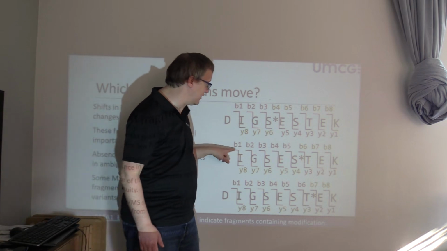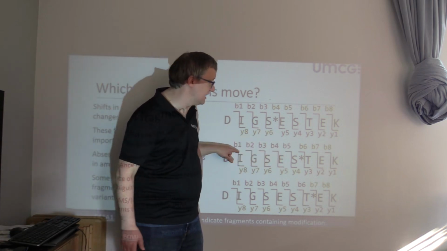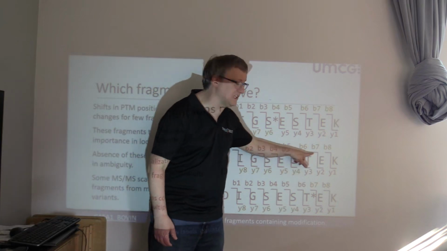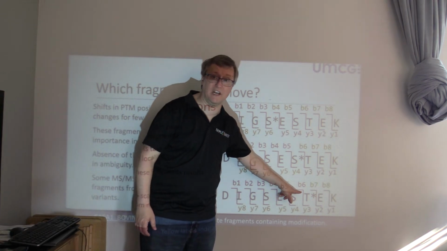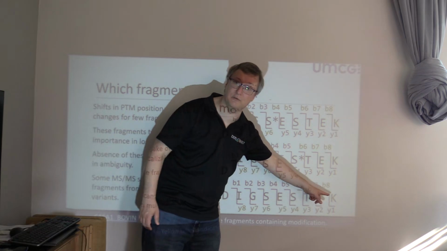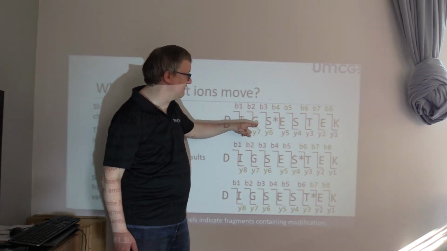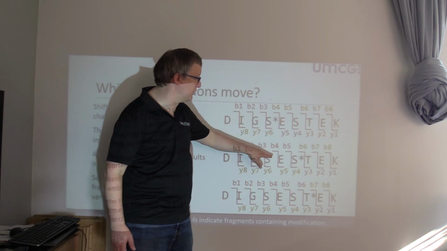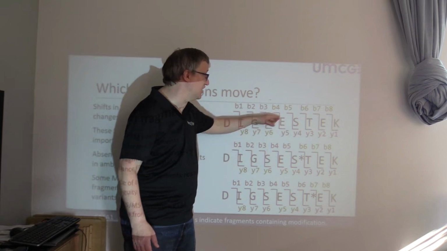We see the same sort of pattern here. The first 5 fragment ions from the second variant contain no phosphorylation, but the last 3 do. The first 6 fragment ions in the last case do not contain phosphorylation, but the last 2 do. So, if you're trying to decide, is the phosphorylation at this position or this position, you need to ask which of these labels are effectively changing color here.